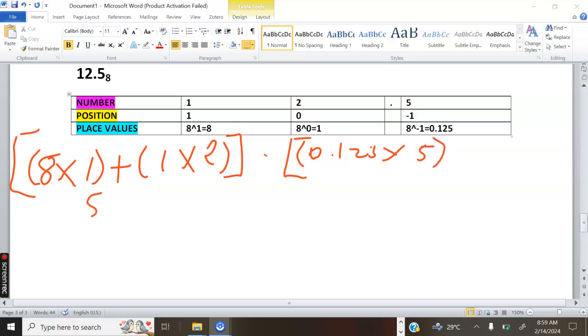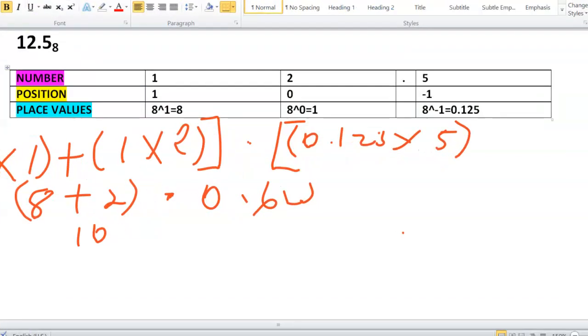So this is 8 plus 2, which is 10. Then we have the point here. For this one, multiplying by 5 should give you 0.625.